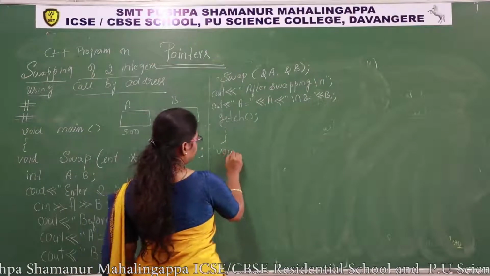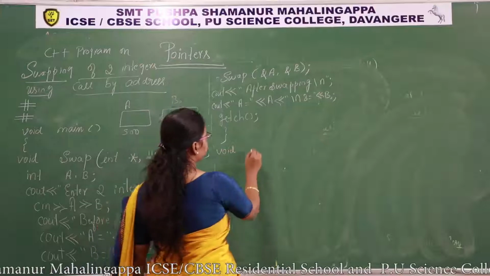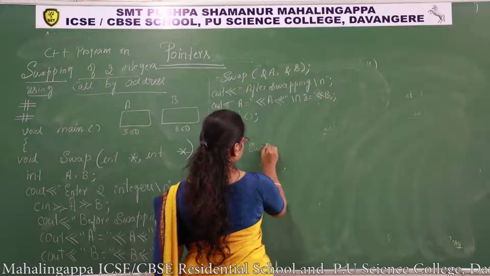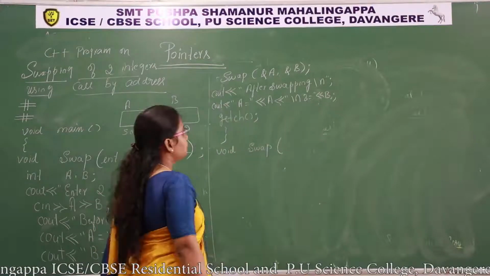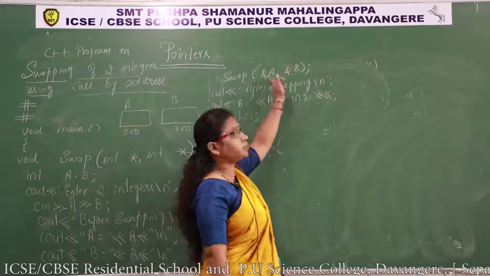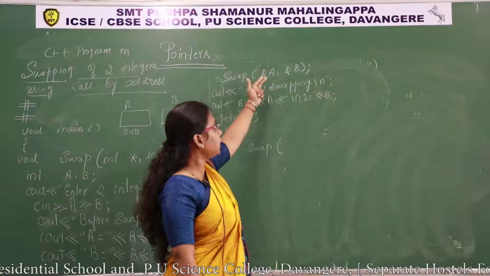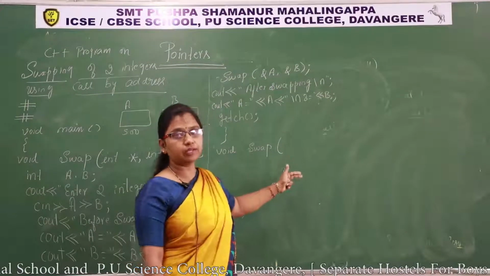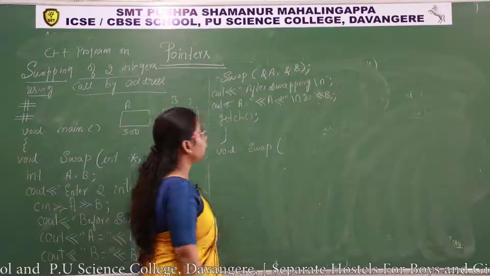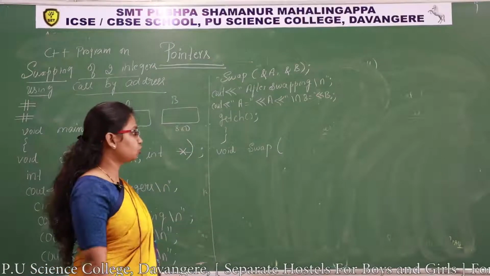Return type void, name of the function is swap. What arguments are coming from the main function? These two arguments, the addresses of these two. To store the address of a, we have to declare a pointer. What type of variable's address am I going to store? Integer.